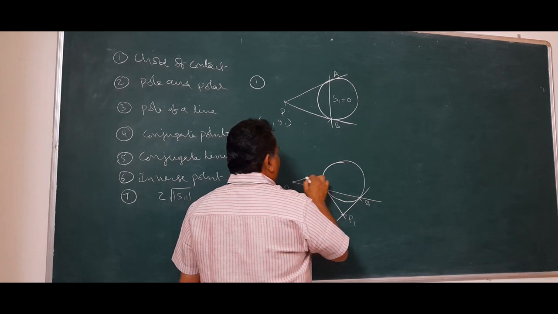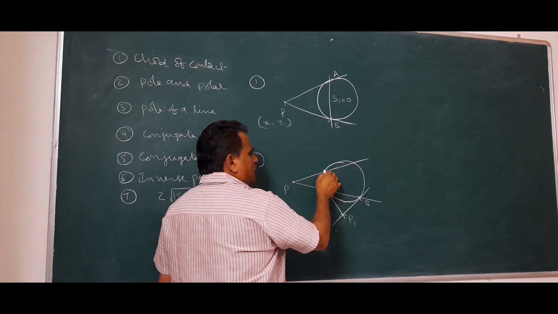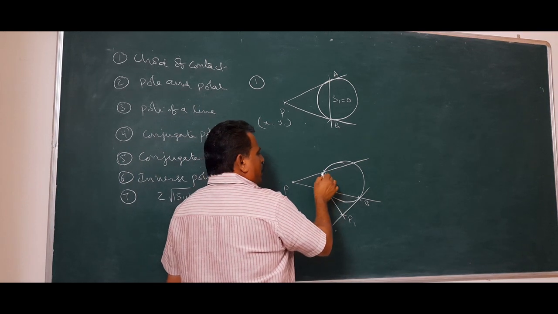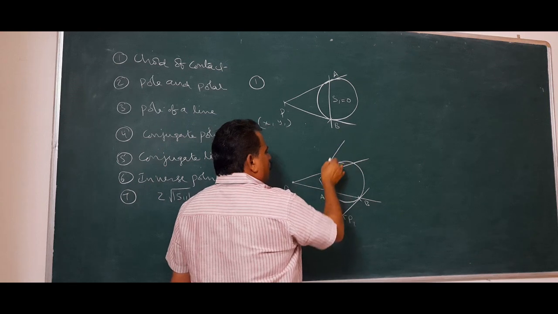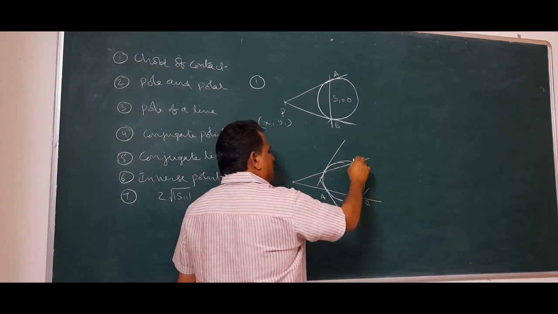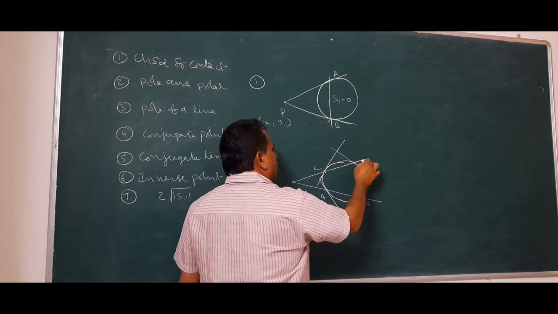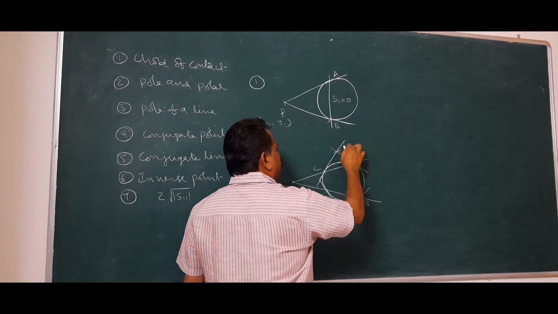Next, draw another line to cut the circle at the points C and D. Now, draw tangents at C and D. These 2 intersect at P2.